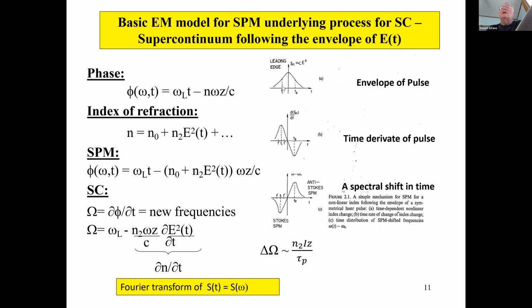As we see on the right side, here's the envelope of the pulse, and the derivative of this gives you the sigmoidal shape, which gives rise to the time dependence of the pulse generating the continuum. The span of the frequency depends on n2 I z over tau, the pulse width of the laser. So this generated the picosecond effect and a white light continuum.